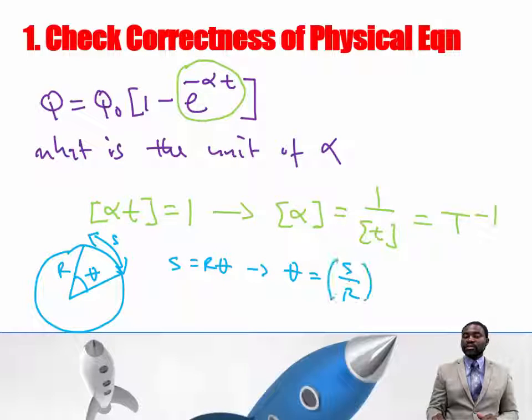So an angle is a ratio of what? Two lengths. Therefore, it's dimensionless. But angles are measured in what? Radians. Even though dimensionless, they still have units.